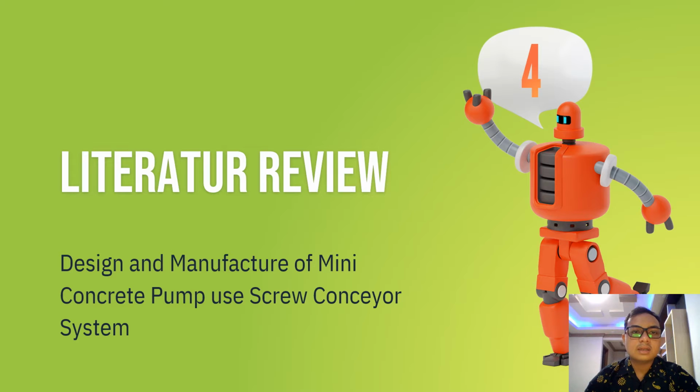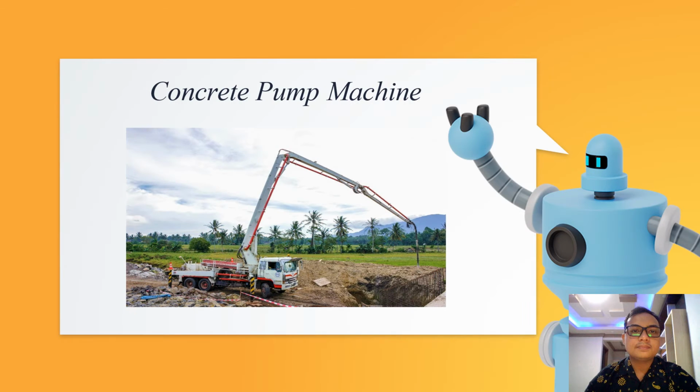Next is the literature review. Concrete pump machine. What is concrete? Concrete is a composite material consisting of a binder, generally a mixture of hydraulic cement and water, fine aggregate, and coarse aggregate.